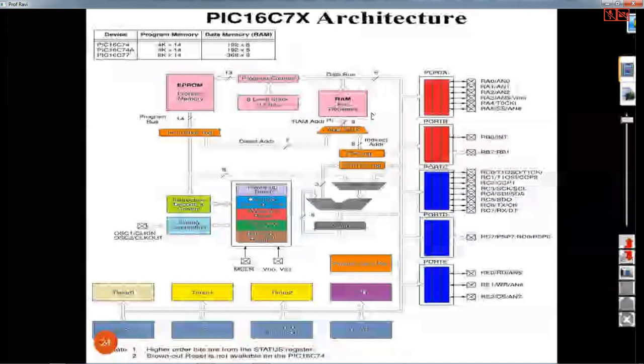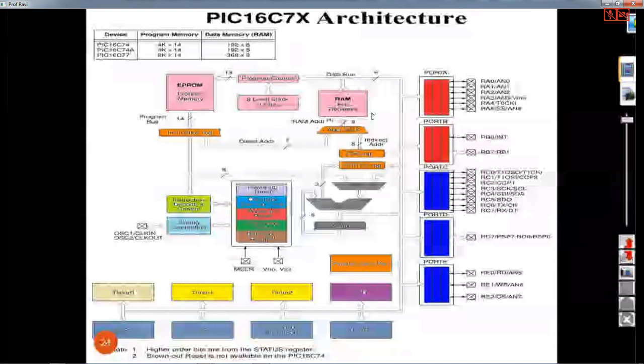Here you have a parallel slave port, so you can extend the ports by using it. Then the ALU works with the W register. And then there is data EEPROM and a synchronous serial port, and an on-board USART. So these are the features of the 16F877 microcontroller.